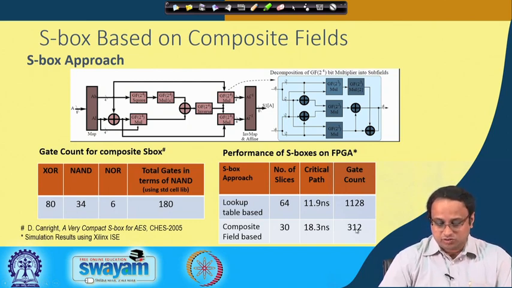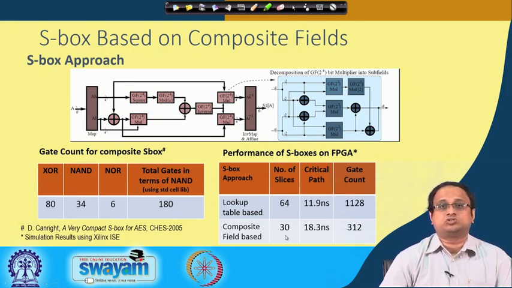If you compare this with a pure lookup table based implementation, the number of slices required is significantly reduced. It was previously 64 in a lookup table based implementation, but now it has been reduced to 30, which is almost half.